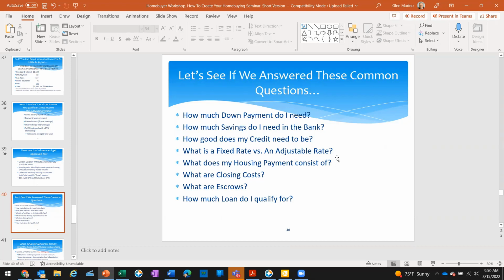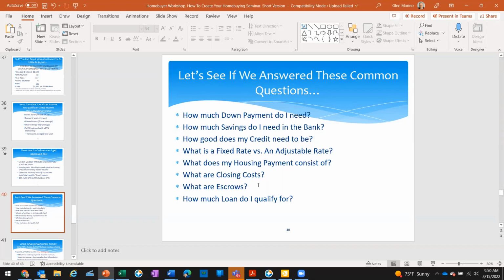We went through the principal, the interest, the taxes, and the insurance. What are closing costs? We talked about in broad terms, it's $5,000 plus another 1% if you're going to use down payment assistance. What are escrows? That's the amount you're going to set aside for real estate taxes and homeowners insurance. And how much do I qualify for? That comes from your realtor and your loan officer based upon your gross income.